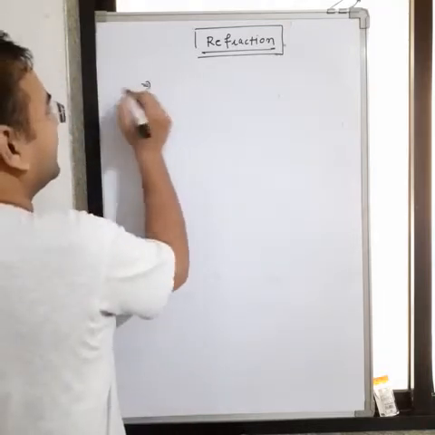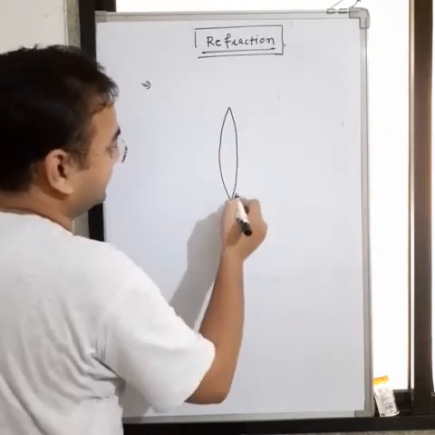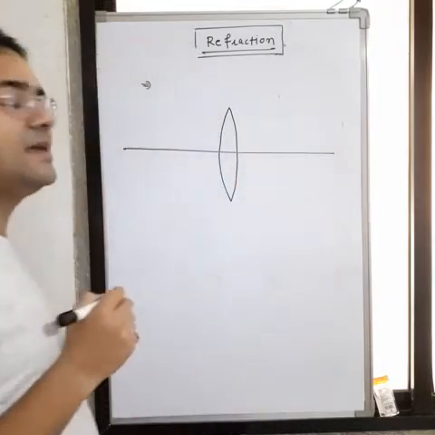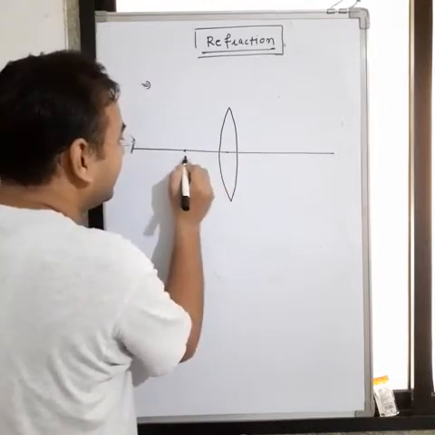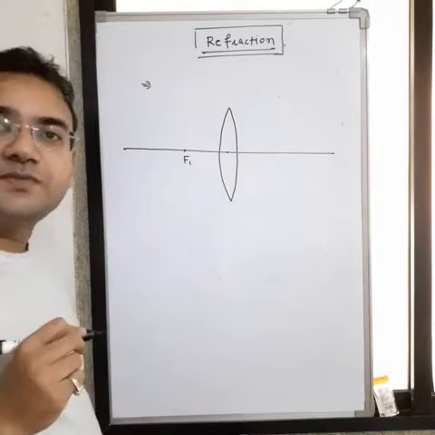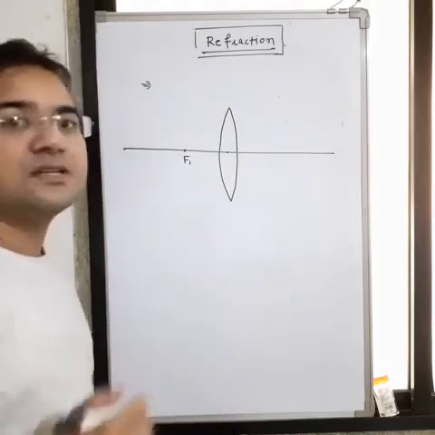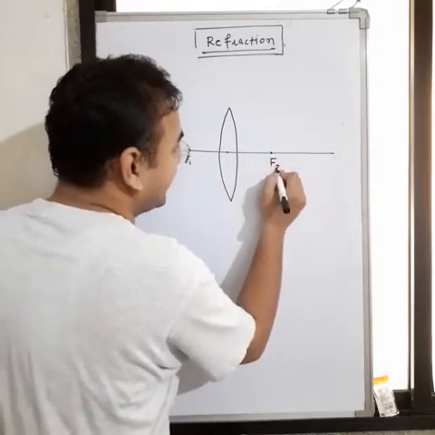See, if I consider I have this convex lens, this is my principal axis. Here this is the pole, and here we are going to consider f1. Guys, always keep in your mind, in case of a lens there are two focal lengths, one called f1 and one called f2. Here the first one is f1, here this is f2.